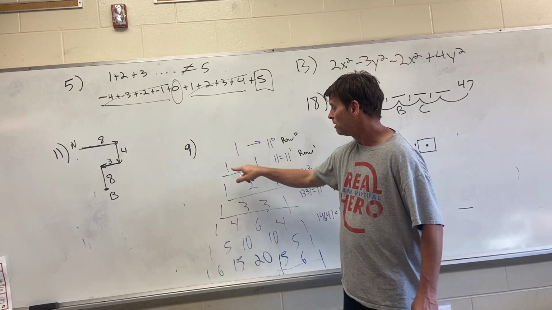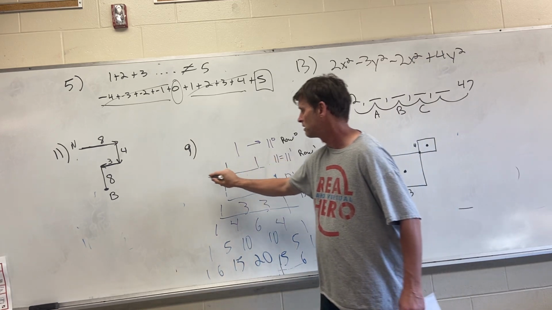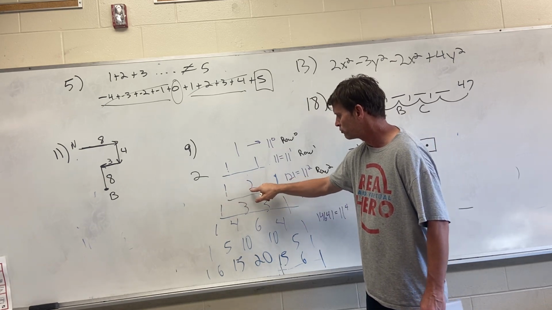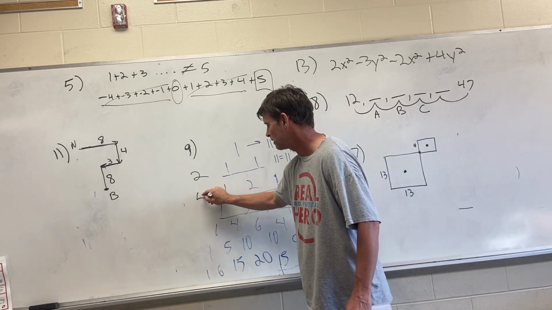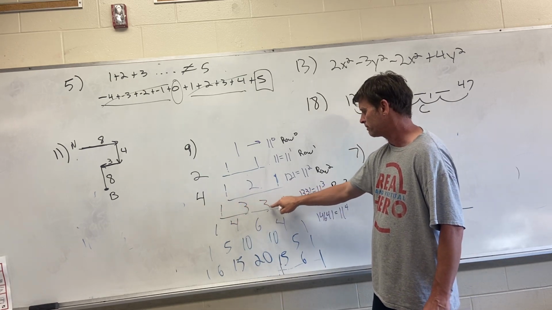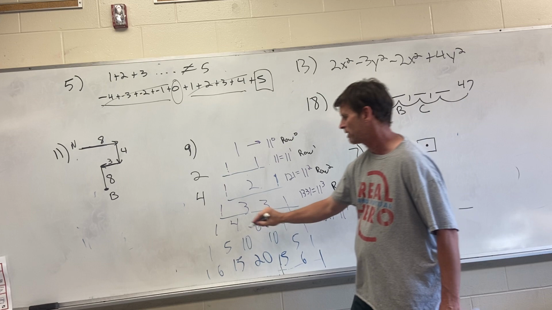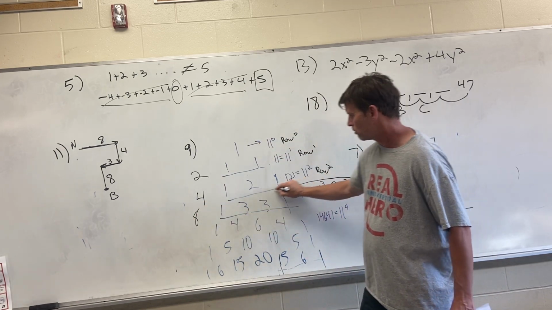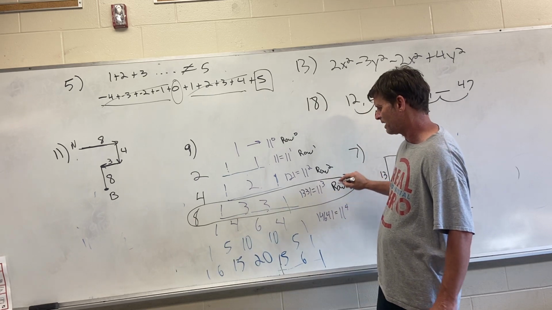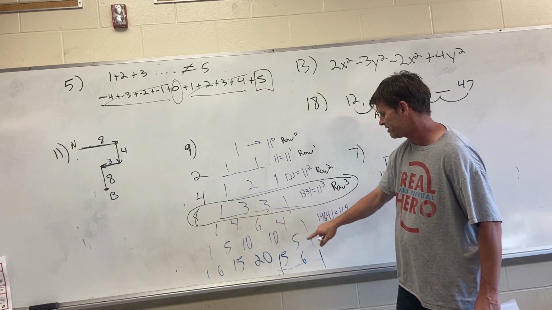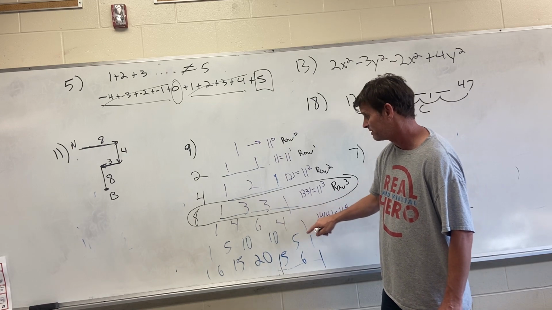The sum of 1 and 1 is 2. The sum of 1, 2, 1 is 4. The sum of 1, 3, 3, 1, 4 and 4, that's 8. So row 3, the sum is 8. Row 4: 1 and 4 is 5, and 6 is 11, and 4 is 15, and 1 is 16.